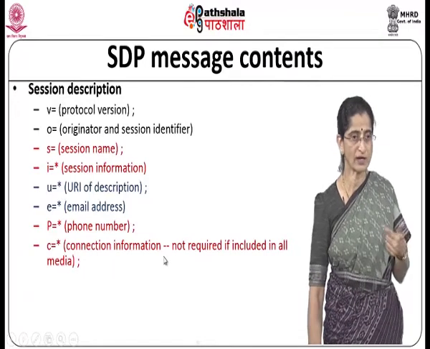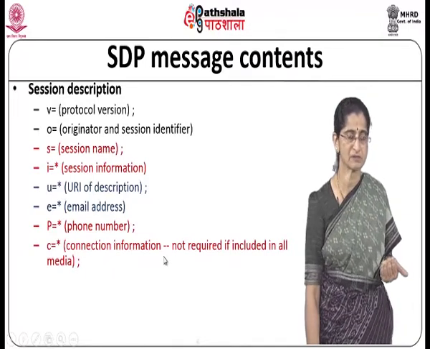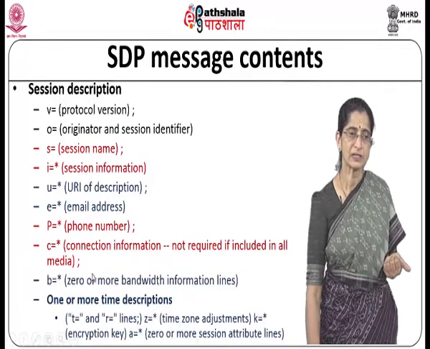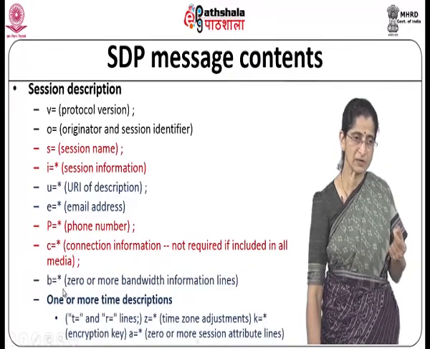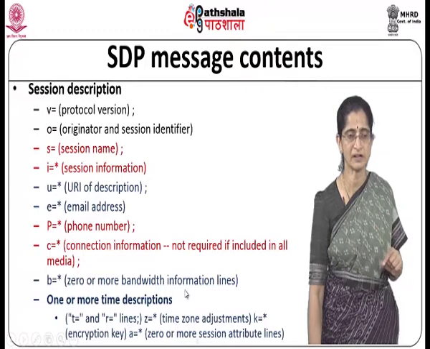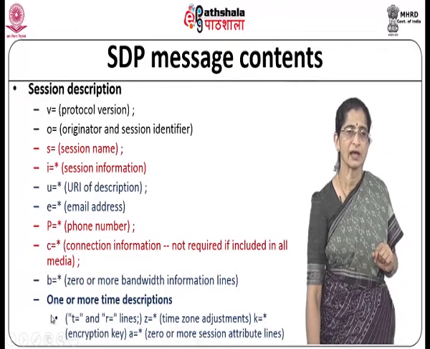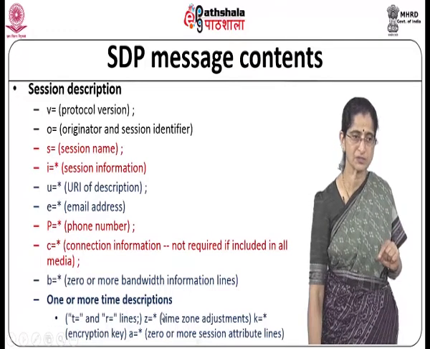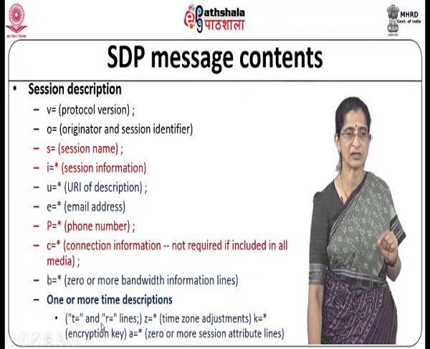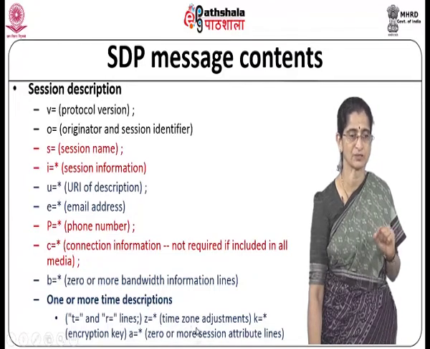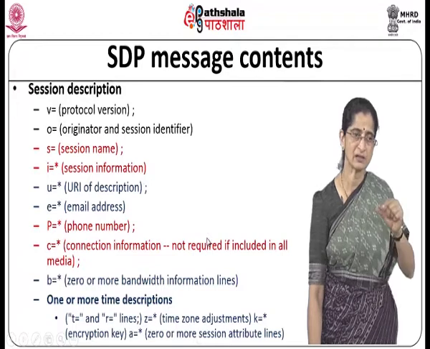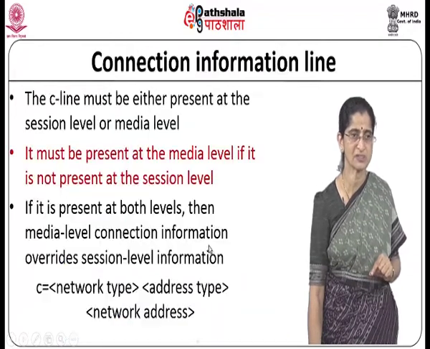It is not required if included in all media, but otherwise the connection information will have to be specified. Then you have B, which gives you zero or more bandwidth related information lines. There could be one or more time descriptions. You can have a T line, an R line, a Z line, a K line, and so on. These are the kinds of fields that you will find in an SDP message.